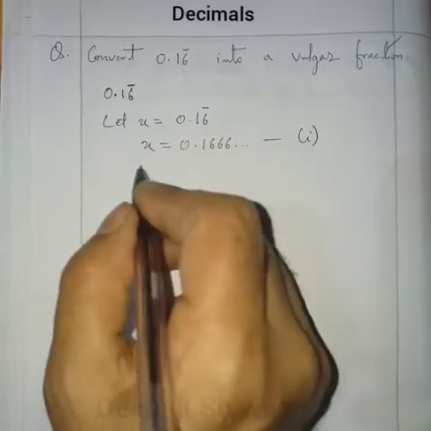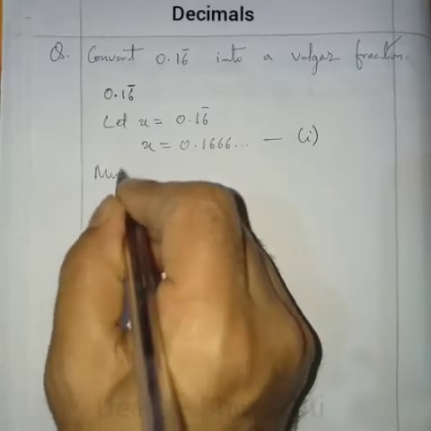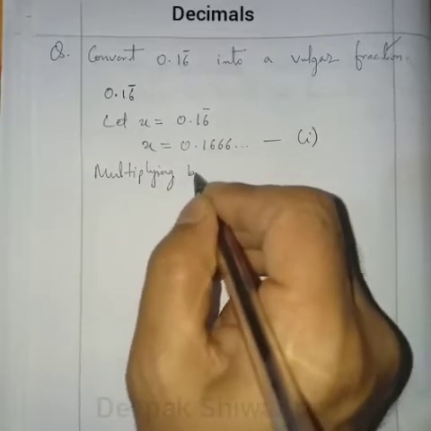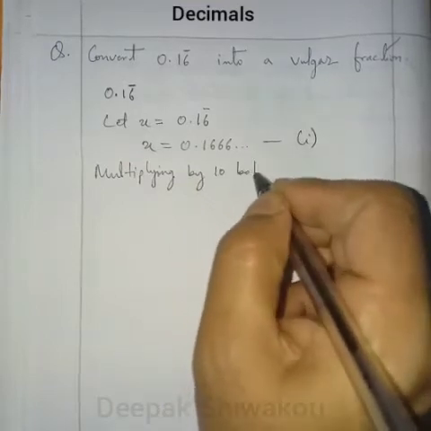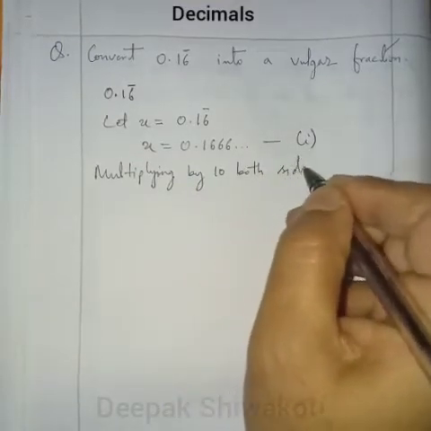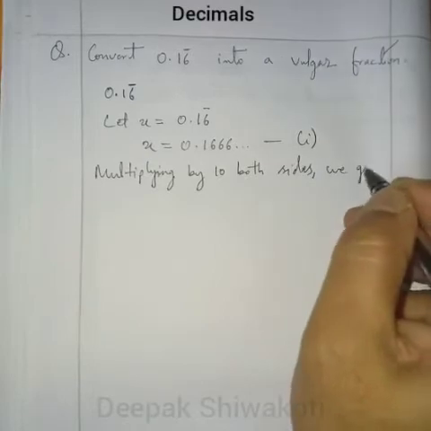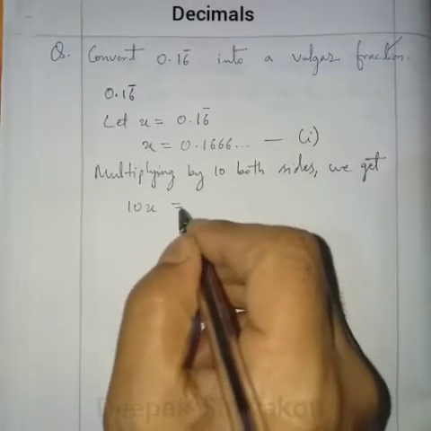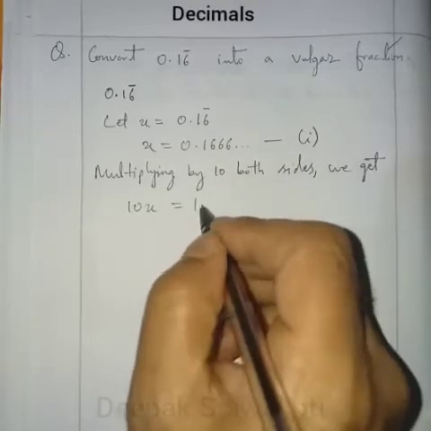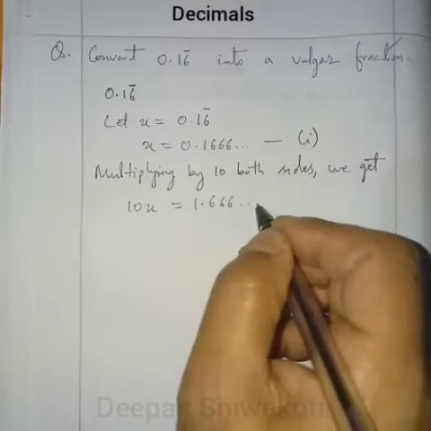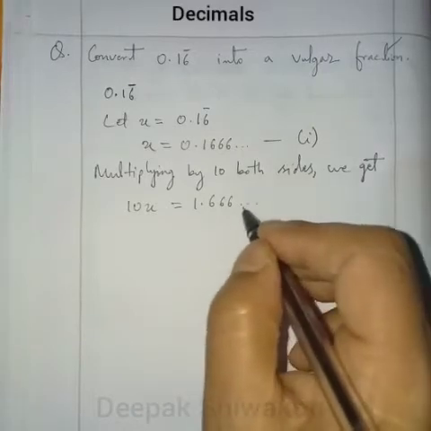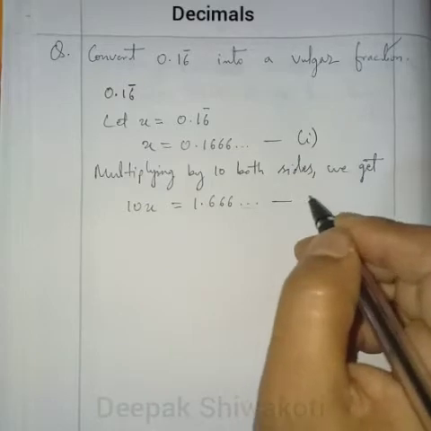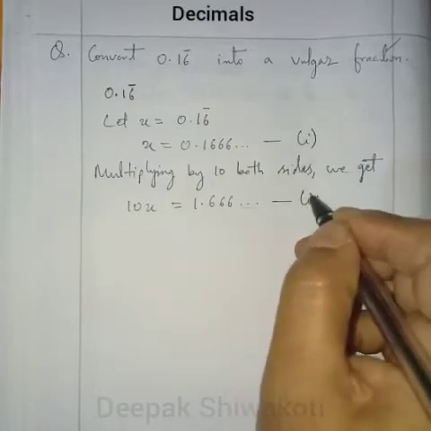So let us write: multiplying by 10 both sides, we get 10x on this side, and on this side after multiplying we get 1.66 and so on. It means so many 6s are coming here. So let us put it as equation 2.